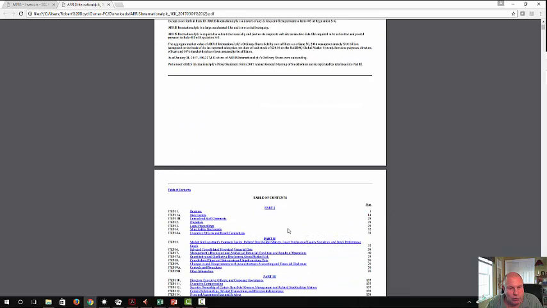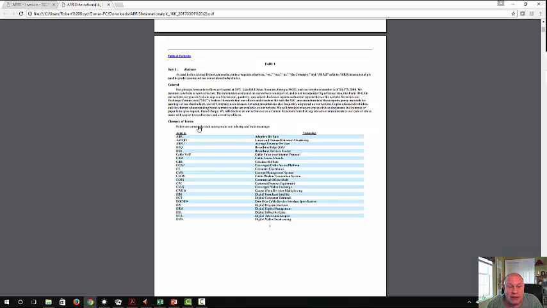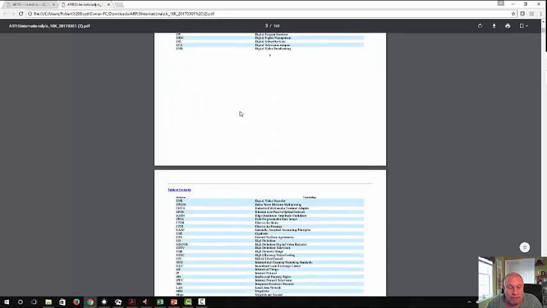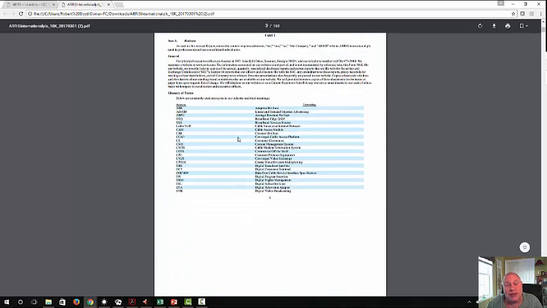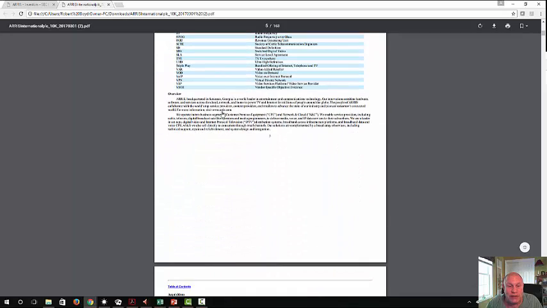Now, when we work our way through the 10K, you're going to find an index. We're going to look at the business, because that's the first thing we're trying to do now, understand the business. So I'm clicking there, and it walks through a glossary of terms, because they have a lot of different products, and then walks through what the business is.